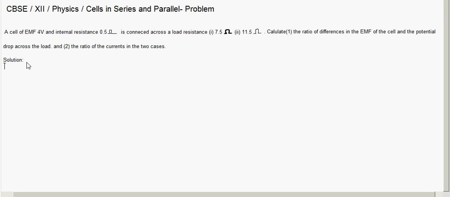Now, we have two loads here, 7.5 ohm and 11.5 ohm. First we need to find out E minus V in both cases, that is EMF minus potential difference. Then calculate the ratio.